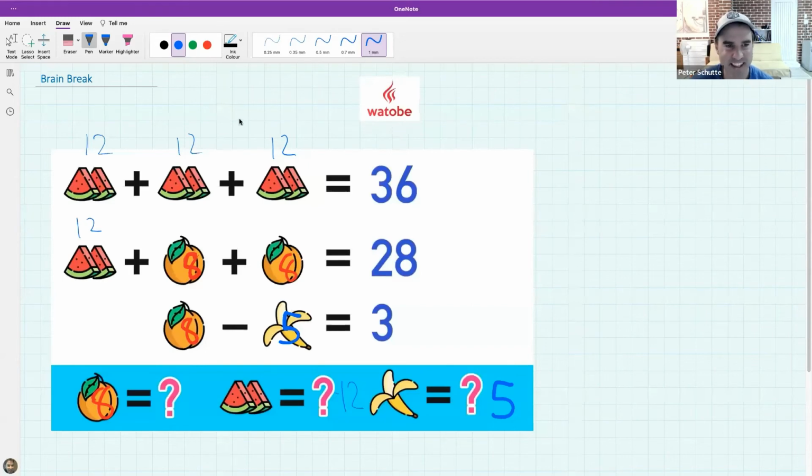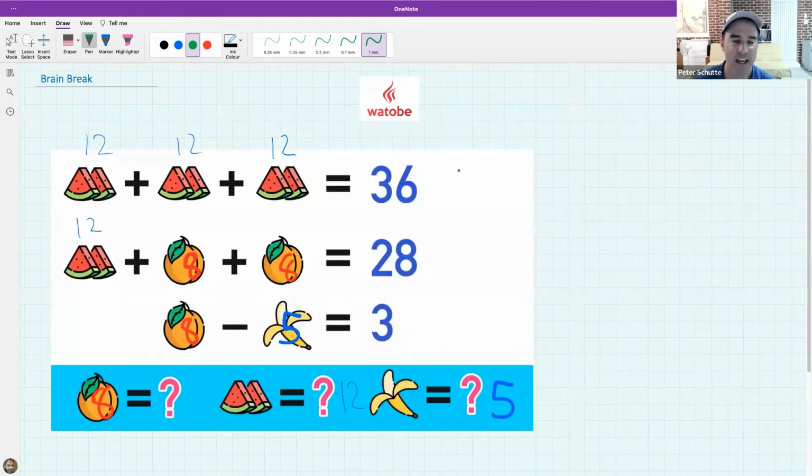But you know, one sneaky thing is you guys have been doing algebra and you don't even know it. So let me show you how I would translate this number puzzle into algebra. The letter W would be a good placeholder for a watermelon.